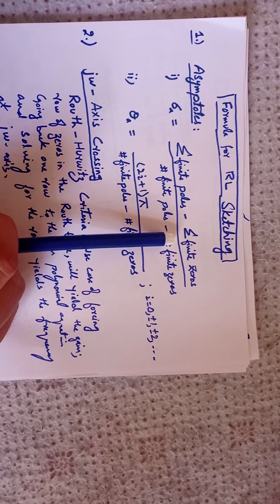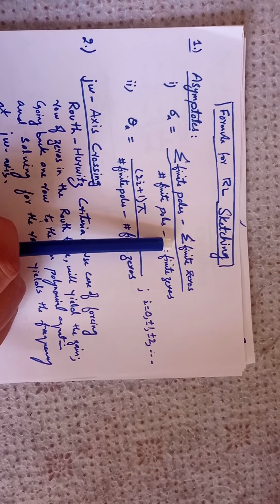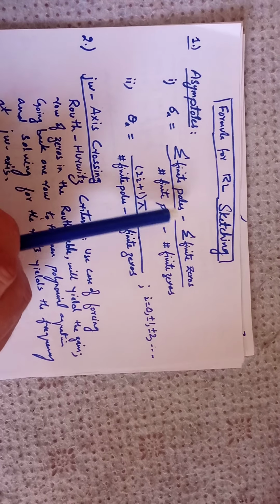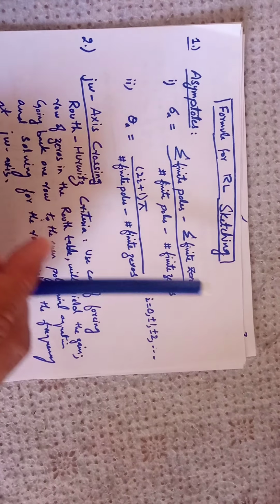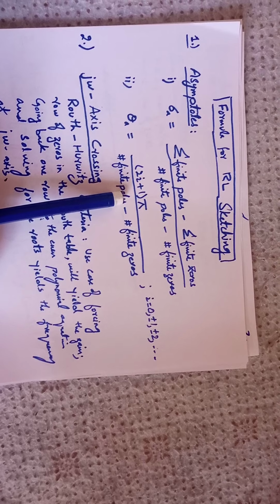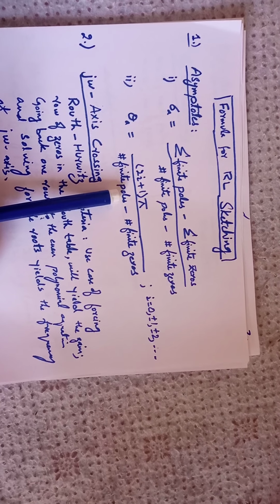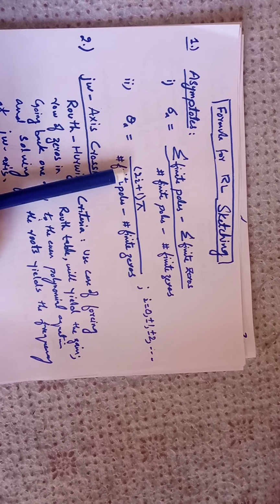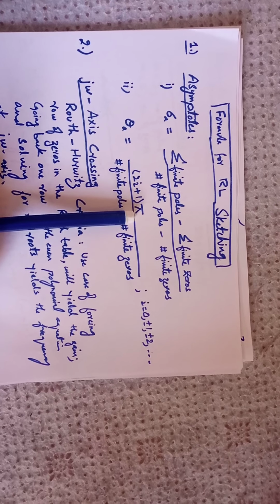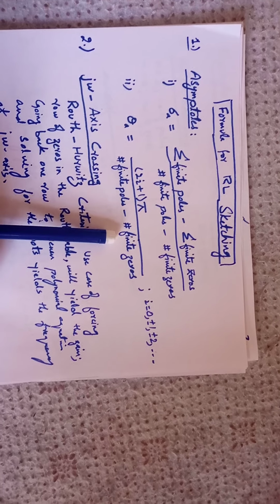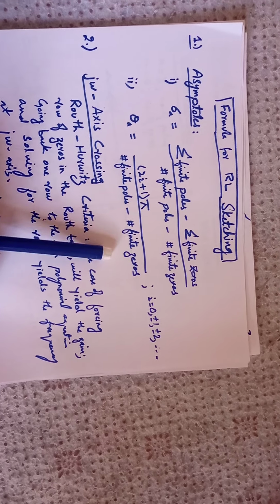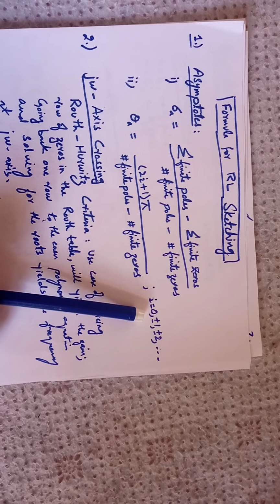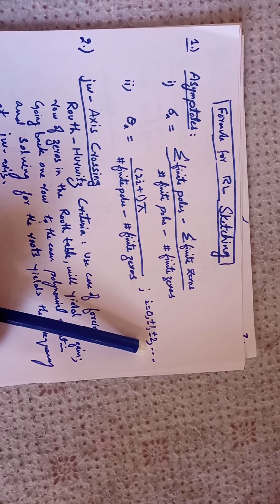This tells you the location on the real axis where the asymptote goes towards infinity, and the angle at which it goes to infinity. The angle is (2i plus 1) times pi divided by the difference between the number of poles and zeros, where i is 0, 1, plus or minus 2 and so on.